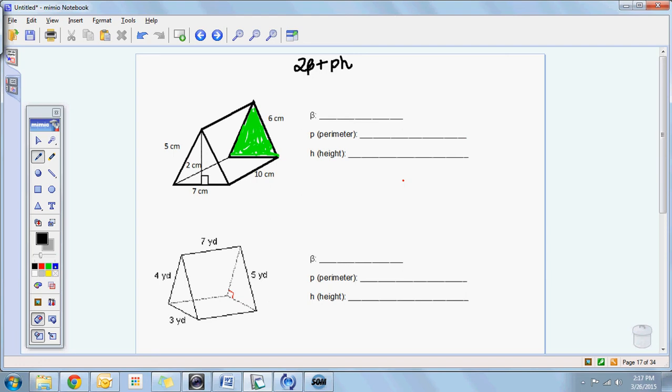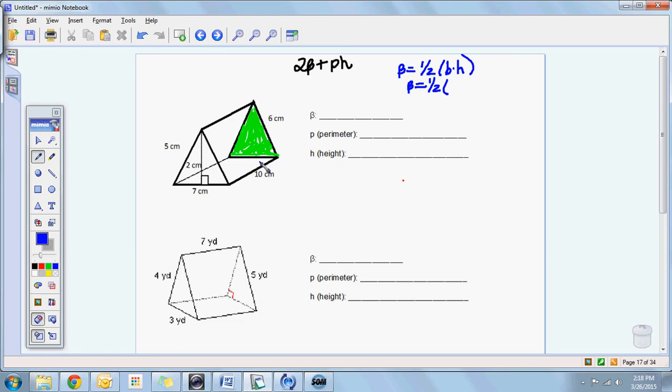So this time, the area of this shape, I'm going to use a different formula. So the base area, since it's a triangle, I'm going to have to do 1/2 base times height, because it's a triangle. It's different than a rectangle. Okay, so I'm going to plug what I have. So base area is the same thing as 1/2 times my base of this triangle. I don't see anything.